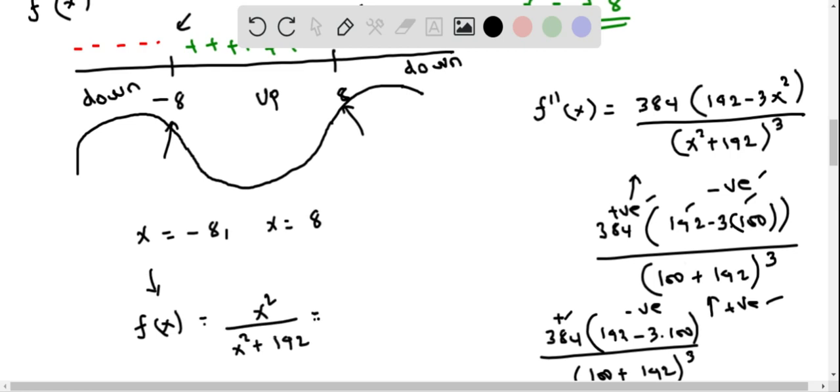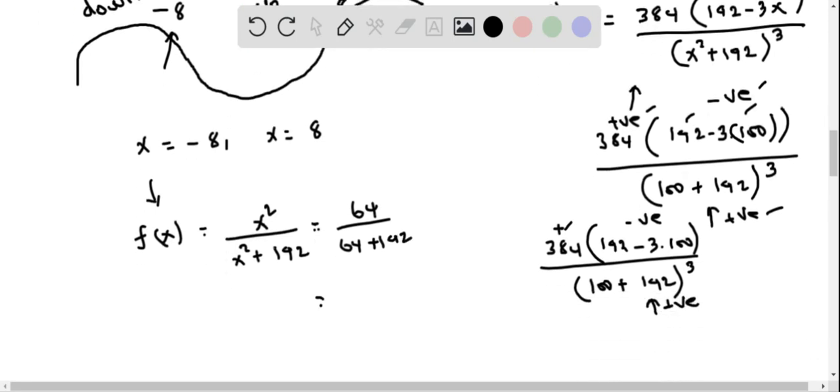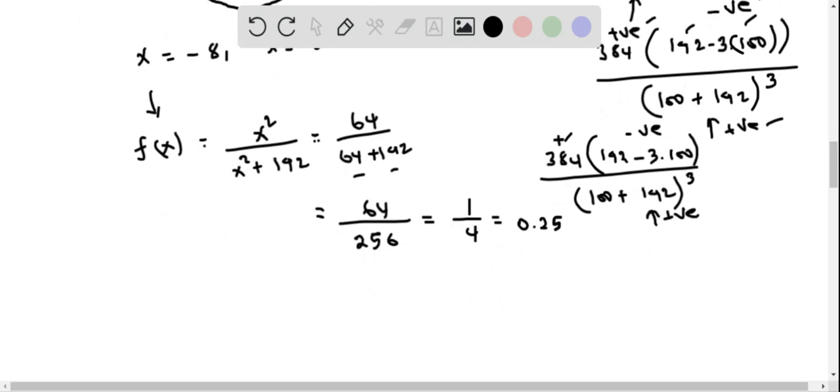Plugging this in, we get negative 8 squared is 64, divided by 64 plus 192. 64 divided by 64 plus 192 is 256, and this equals 1/4, or 0.25 in terms of decimal. So one of the coordinates of the points of inflection is negative 8 comma 1/4, or in terms of decimals, negative 8 comma 0.25.